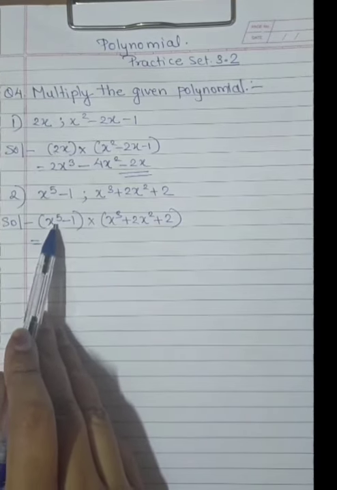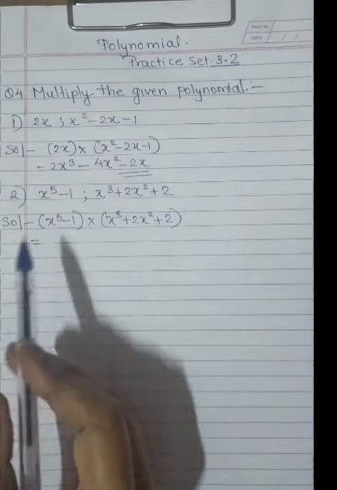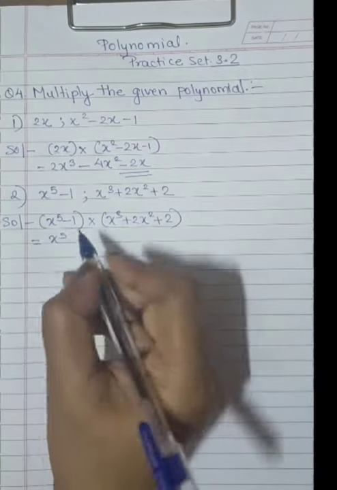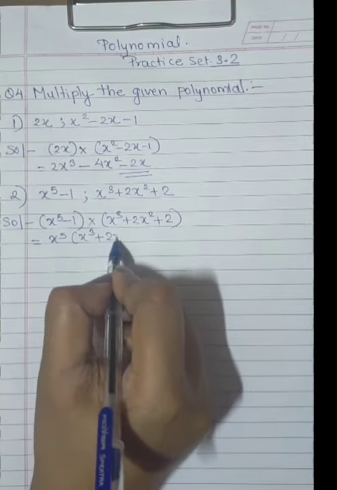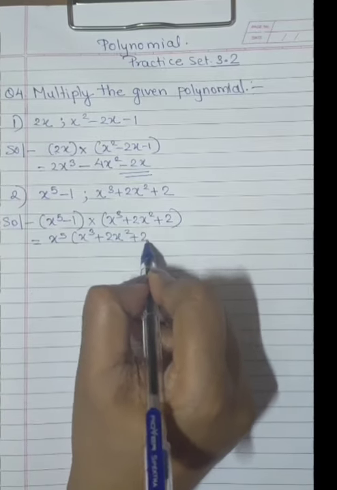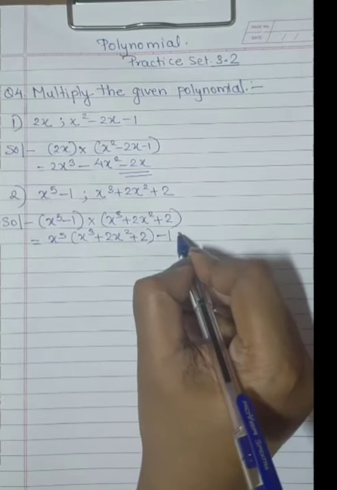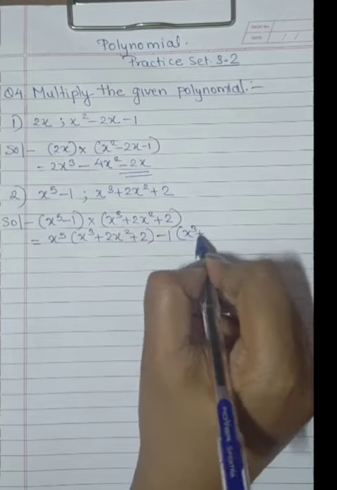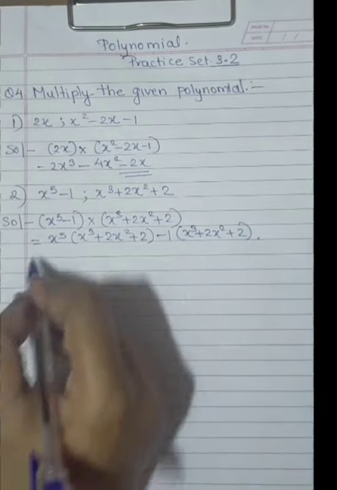Okay, so I am writing here, as you can see, we have two terms. So we will write x to the 5, inside that x cube plus 2x square plus 2, again this minus 1 here, again the same expression inside the bracket we are going to write, then we have to multiply both.